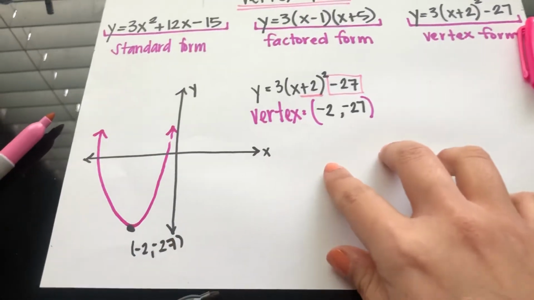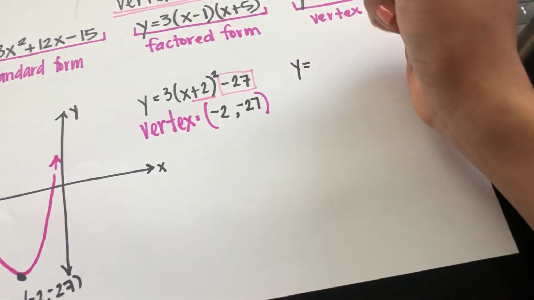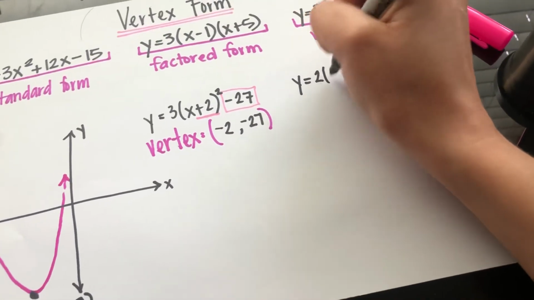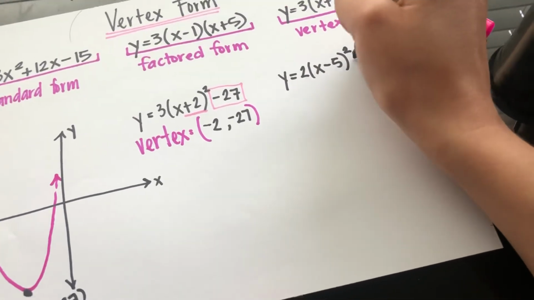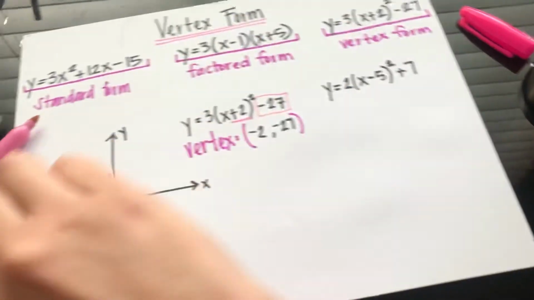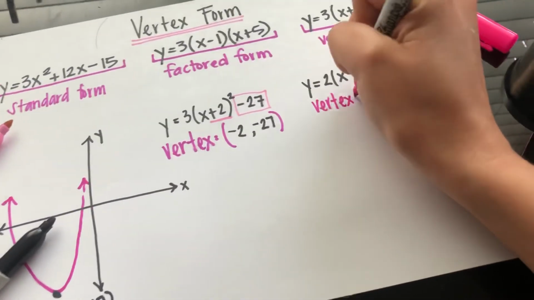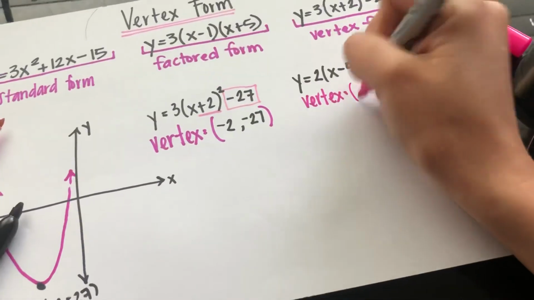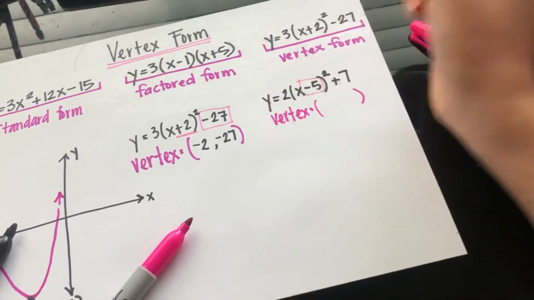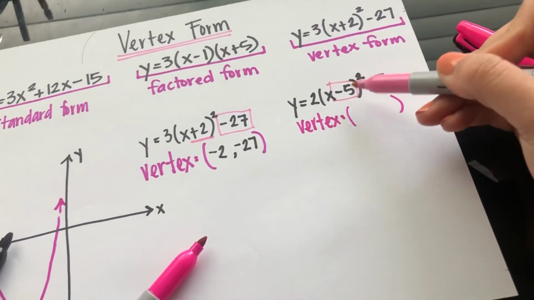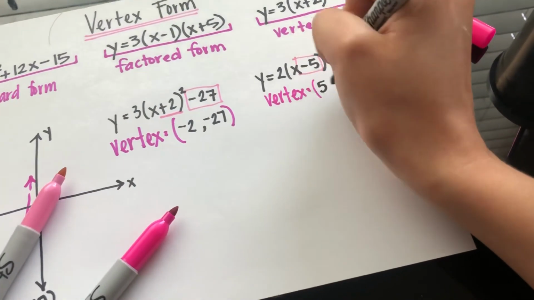So let me give you another example. Let's say I have y equals 2(x minus 5) squared plus 7. Again, my vertex for this quadratic would be, again, what's inside is negative 5, but the opposite of negative 5 is positive 5, so my x value is positive 5.